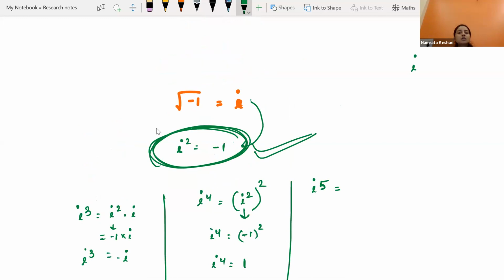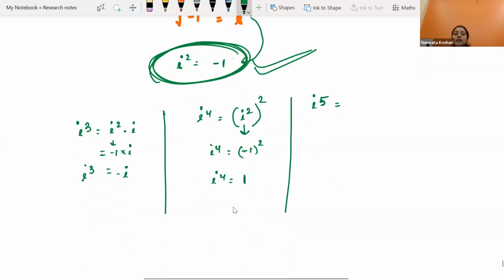Either you will try breaking it in terms of i square, or if nothing is possible, if an odd power is there, then i. So can we write this i to the power 5 as i square's whole square into i? Can we write it like this? Yes, ma'am. Okay, so i square whole square we have just seen, it is just 1 and i will remain as it is.